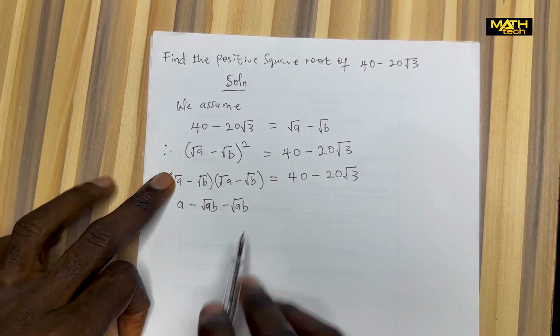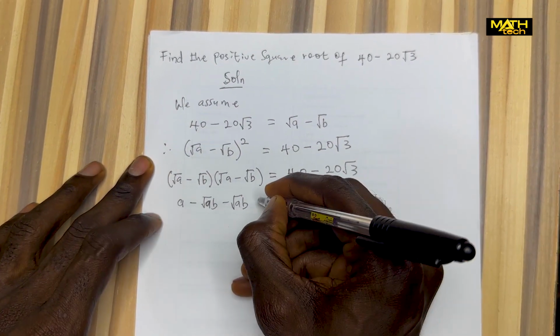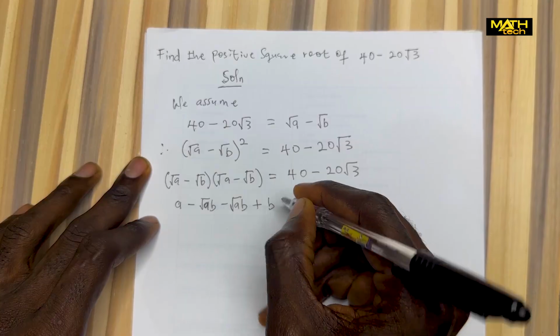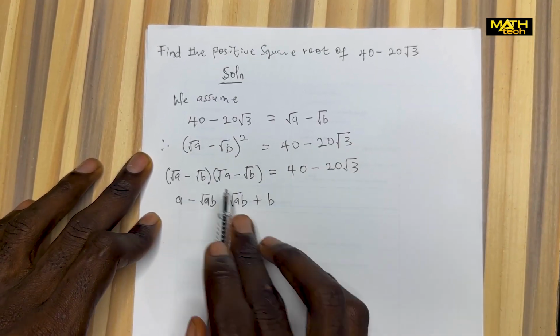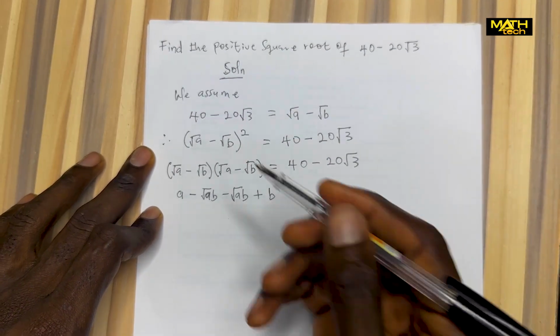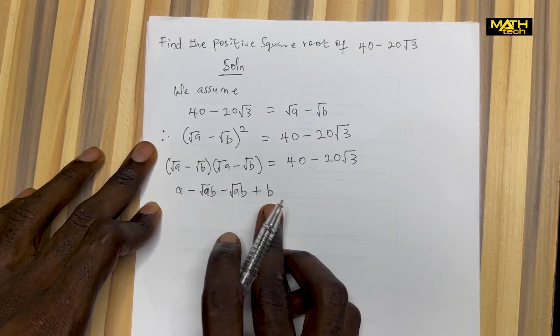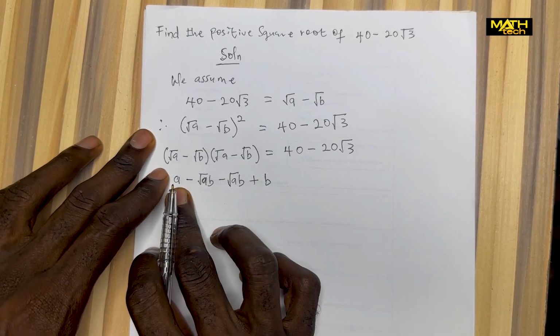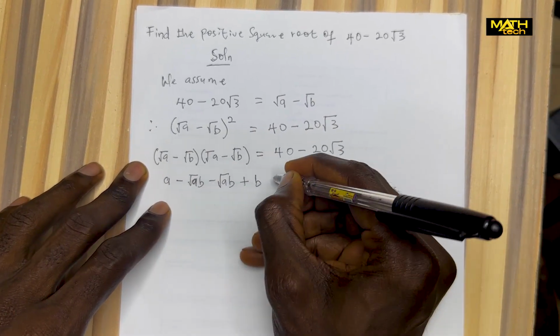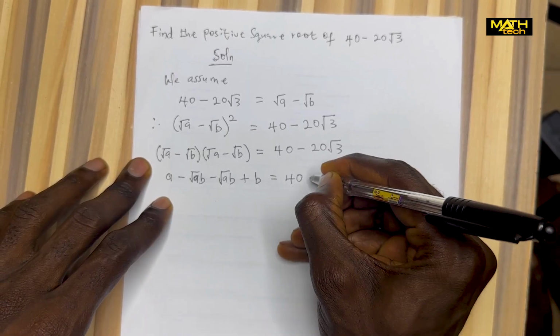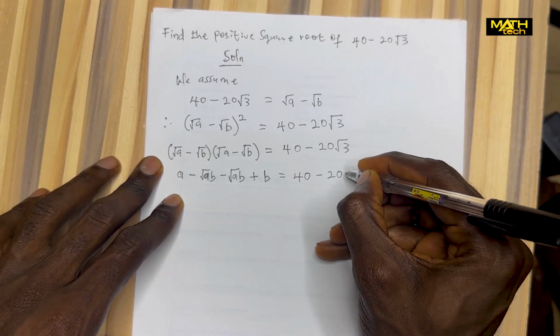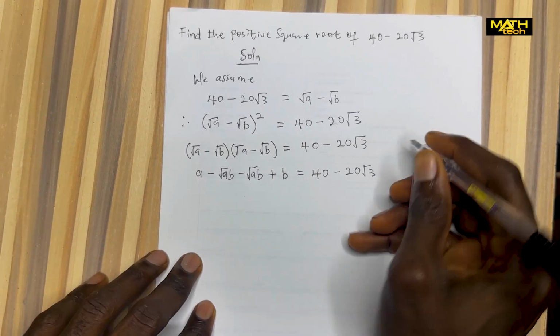Don't forget, minus times minus gives us plus, so we'll be having plus b. The square cancels the square roots, and that is how we are having b, and that's how we are having a here. And this will be equal to what? 40 minus 20 root 3.